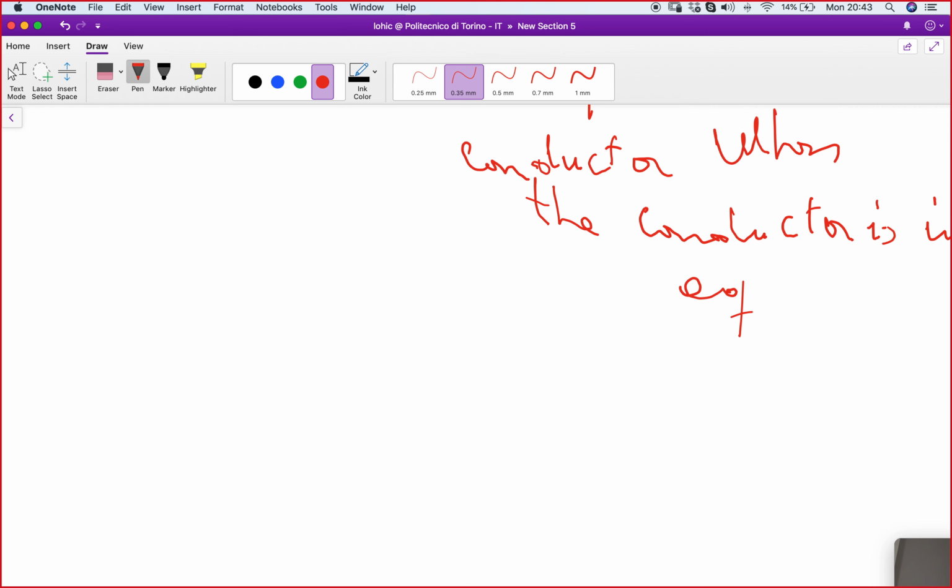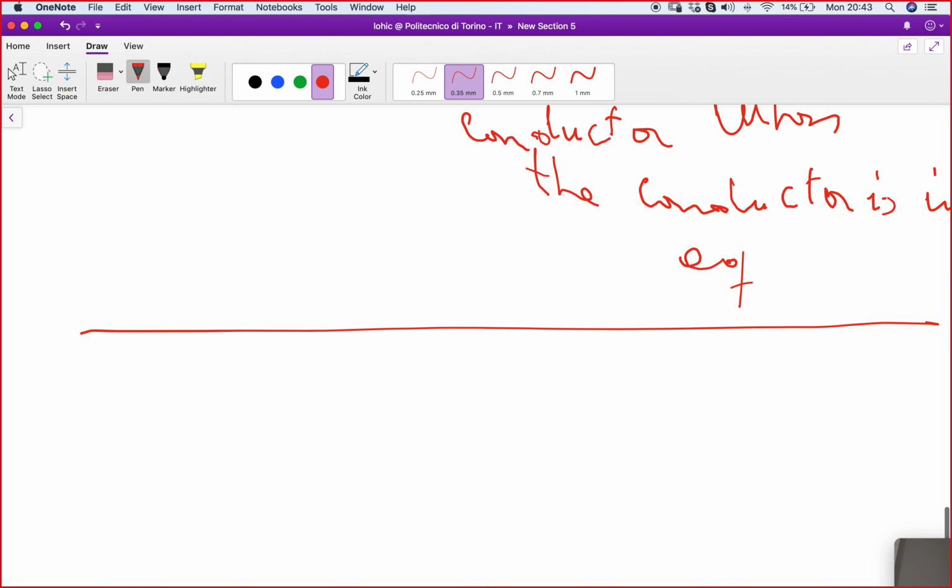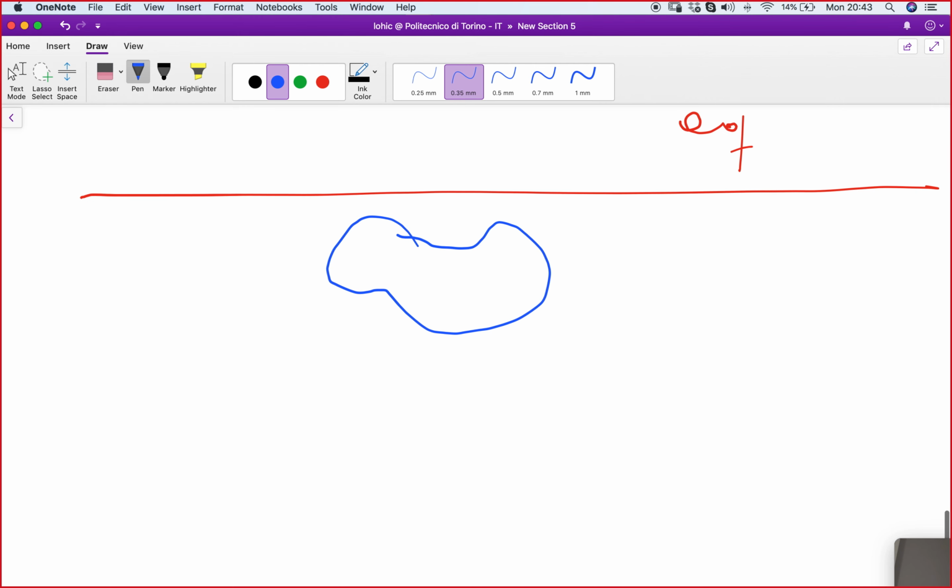Now, what happens if you put... so if I give you any conductor like this, what is the total charge on this conductor?